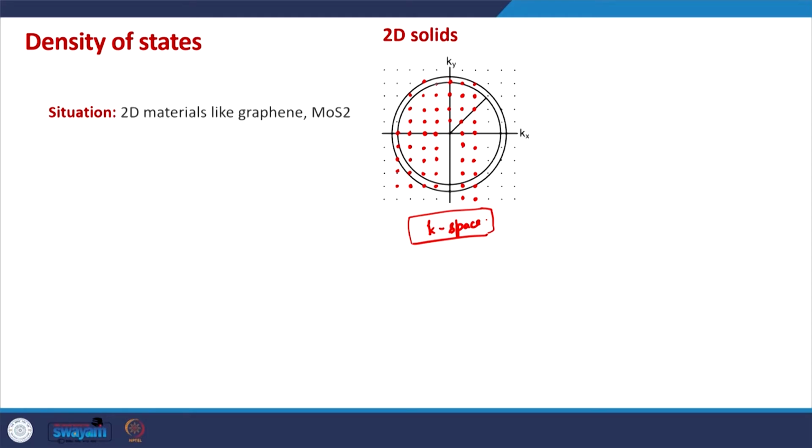So, two points: one is the spin and second is the overcounting of electronic states. These two things we need to keep in mind.